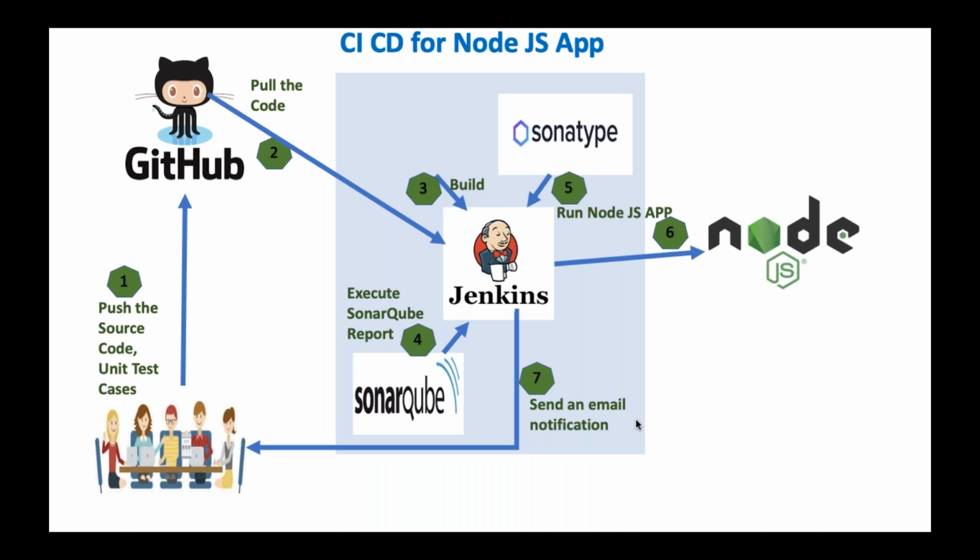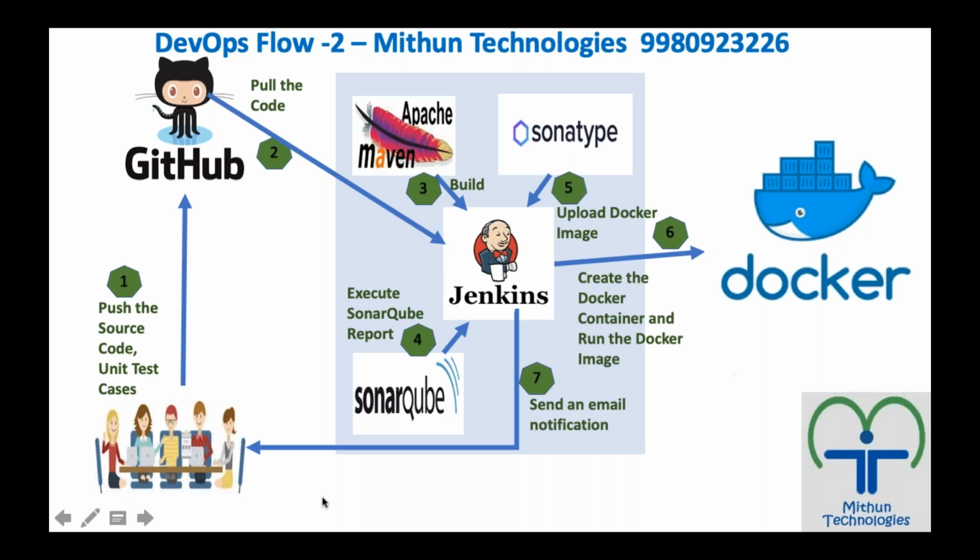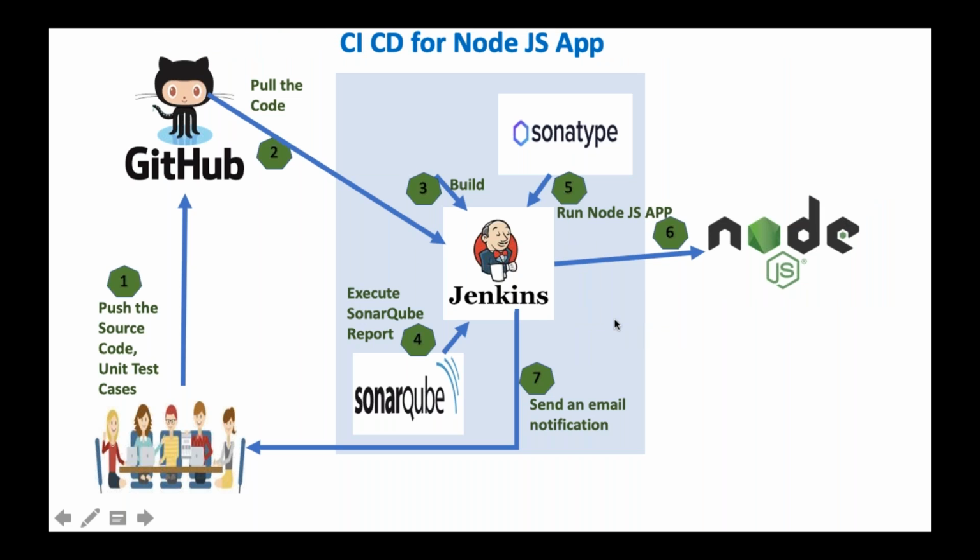Then create a Docker image for your Node.js application. Here Balaji sir is going to explain how to create a Docker image for your Java application. Same way you can try creating the Docker image for your Node.js application. Try it. If you are not able to, let me know. I will help you.